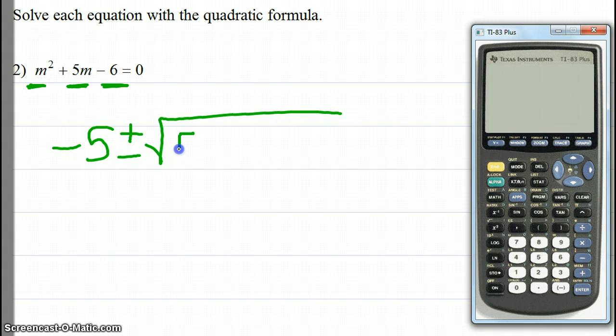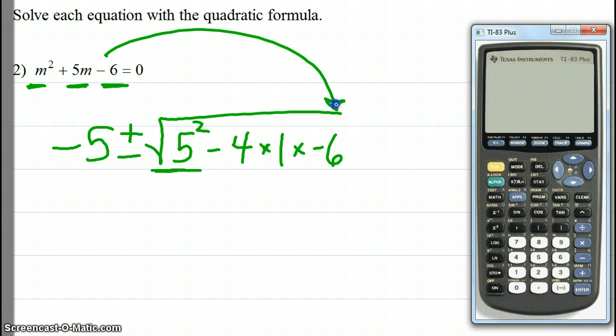I will ask that you put your values in and then go to your calculator. So what does that look like? Minus B plus or minus the square root of B squared minus 4 times A times C. And this time be careful because you have C as a -6, all over 2 times A.